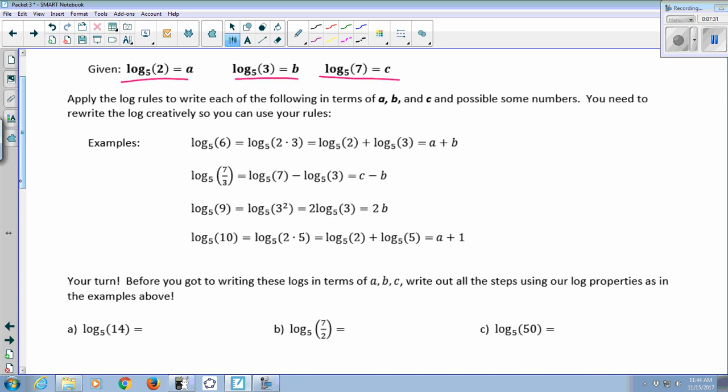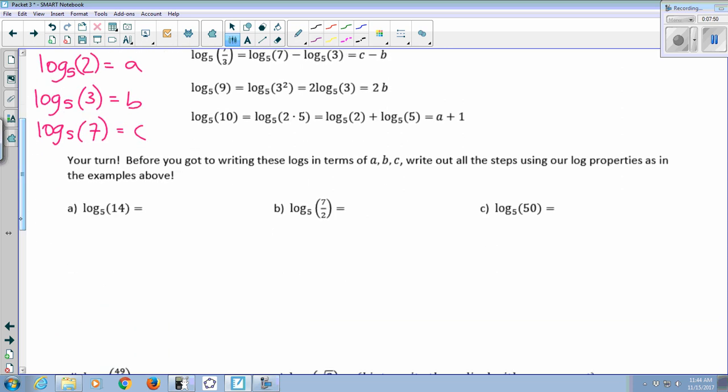We're just going to jump down to the problems. So I'm going to copy my expressions down here, my equations. Log base 5 of 7 is C. Okay. All right, log base 5 of 14. So I want to take my input of 14 and rewrite it with the 2s, 3s, and 7s using multiplication, division, and exponents.